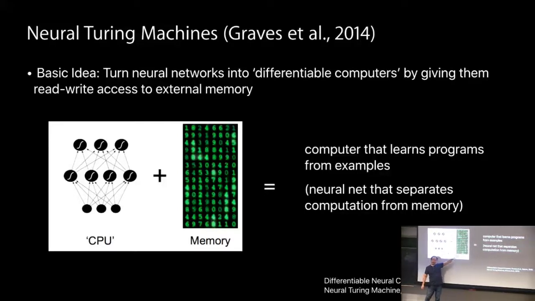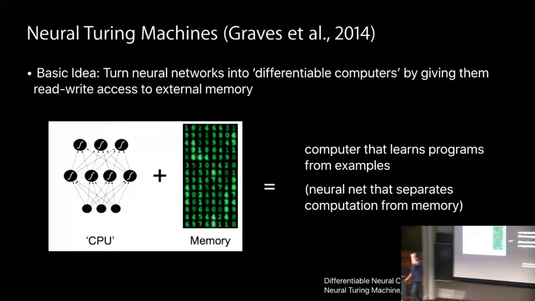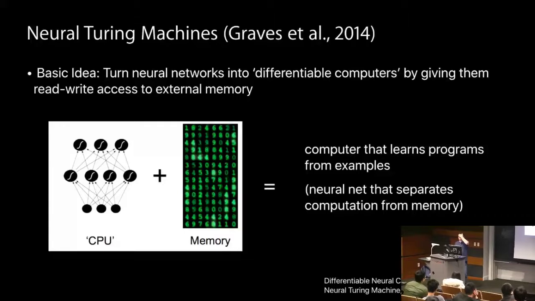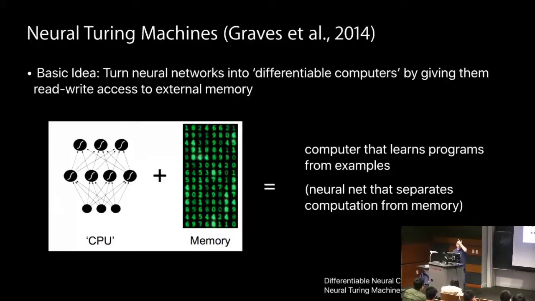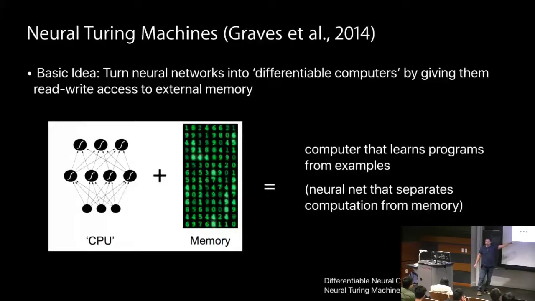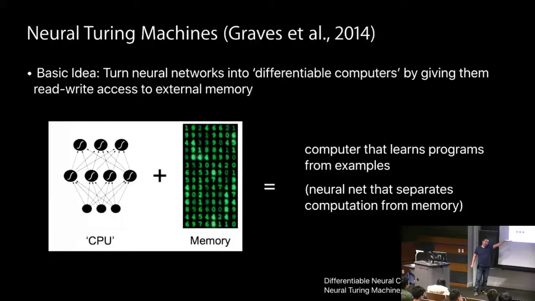But these are quite different because these systems actually allow you to store something in the memory and read something from the memory. And the nice way that it was done is that you can define differentiable compute, which basically means that you can learn what you need to write, where you need to write, and you can learn what you need to read at what time. Okay?